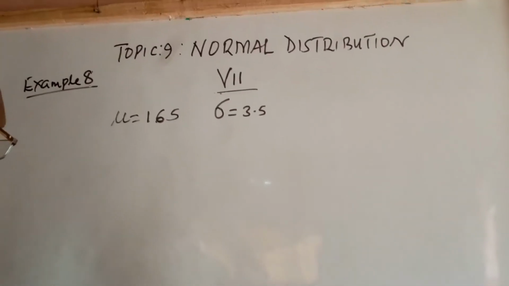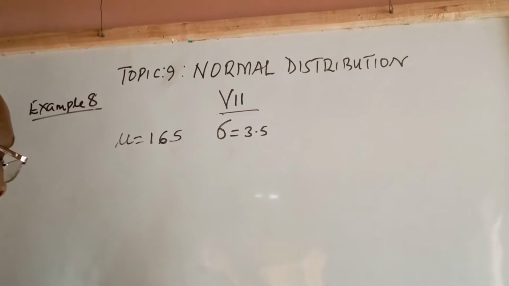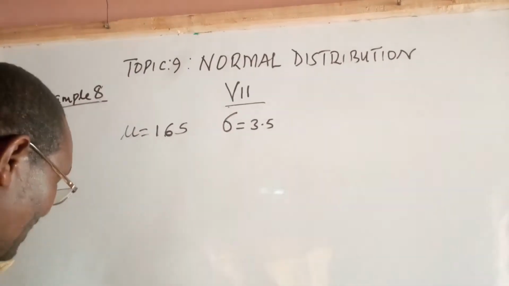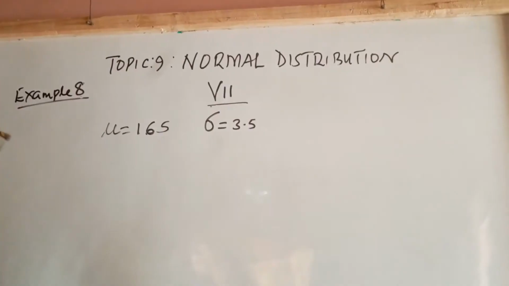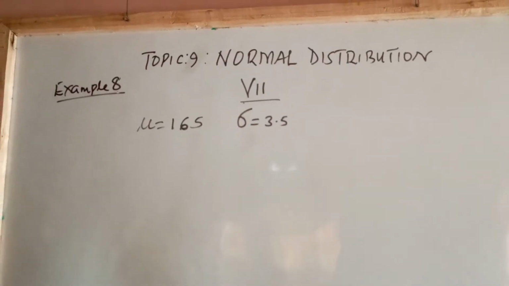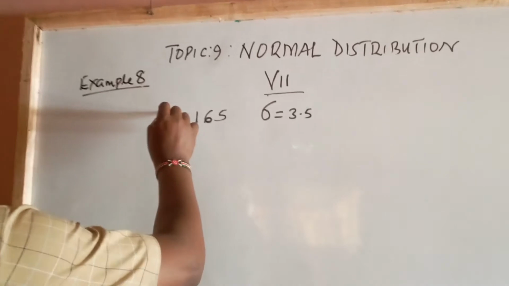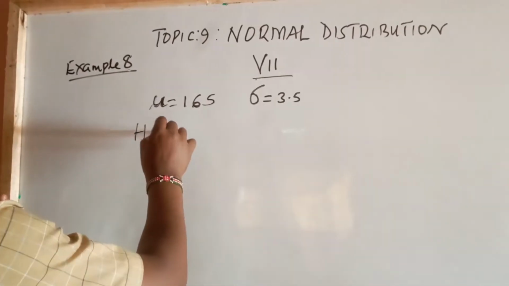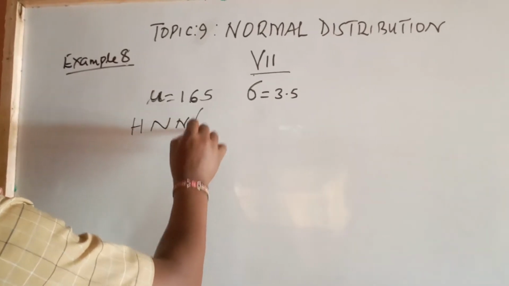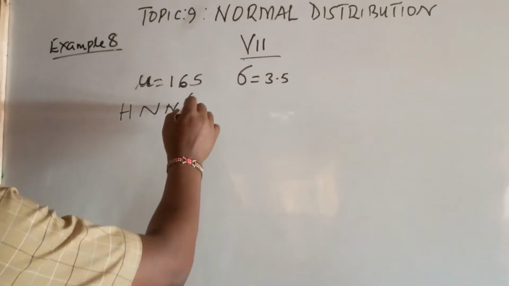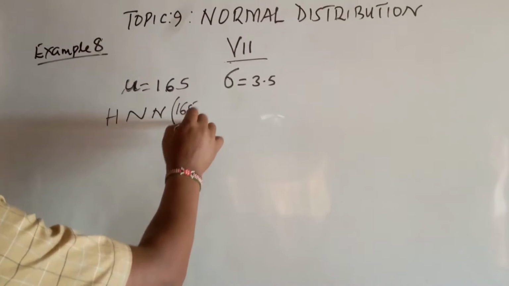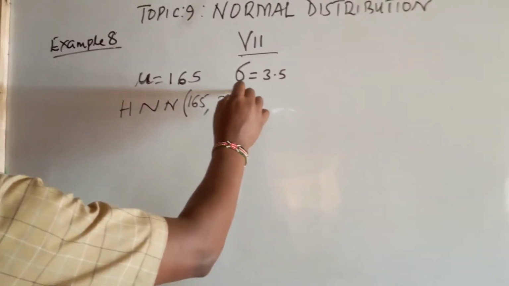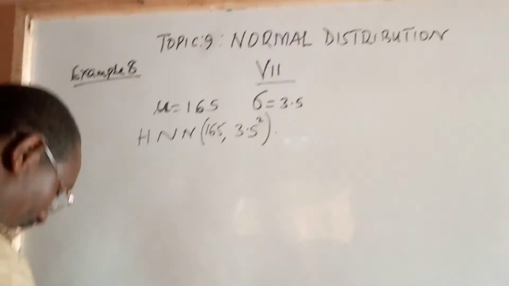A. Find the probability that she is shorter than 160 centimeters. Of course, when we are talking about the height, it is normally distributed with a mean of 165 and a standard deviation of 3.5.